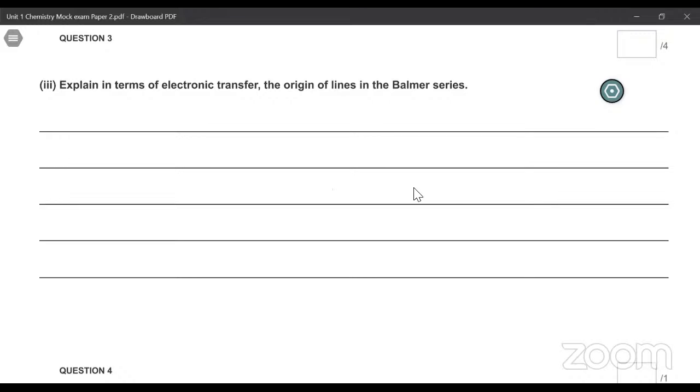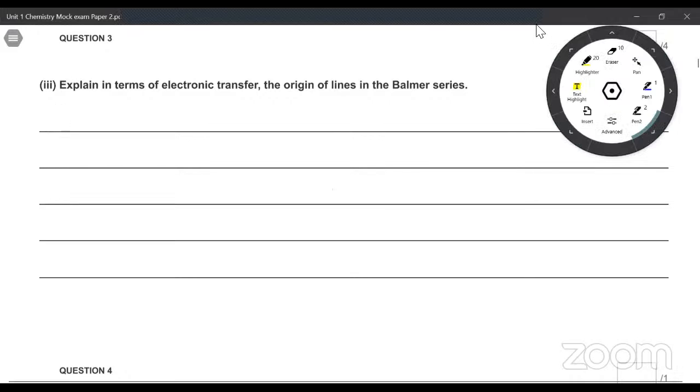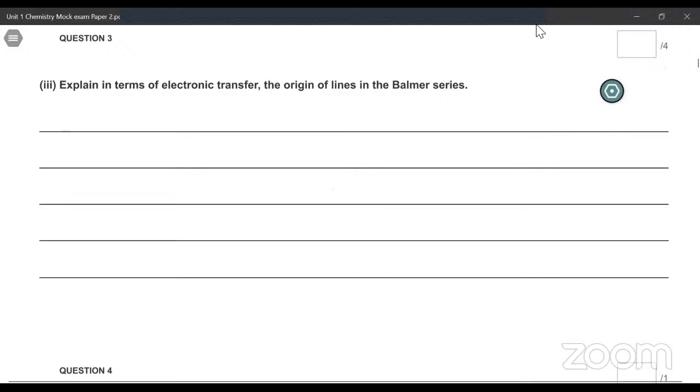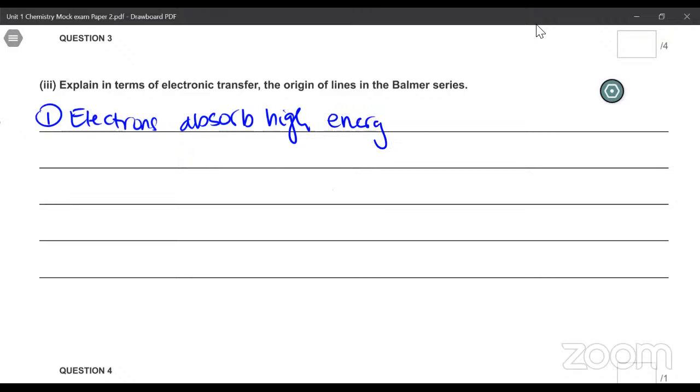So here we can say that electrons will absorb high energy photons. I'm not going to write everything, I'm just going to write in short form. Electrons will absorb high energy photons, right?